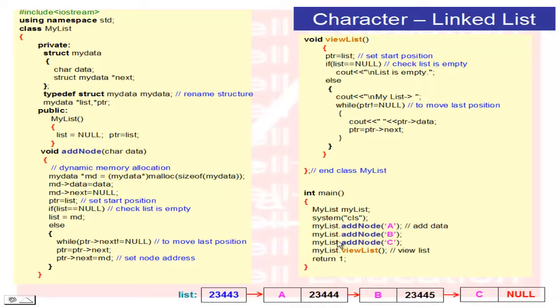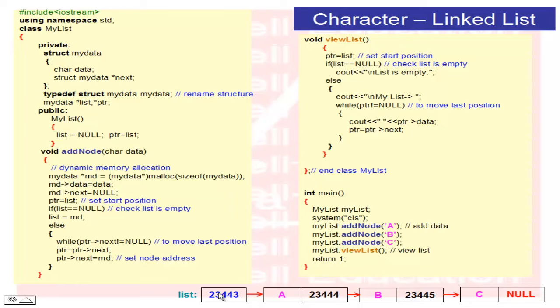Again mylist.addNode passing b, and mylist.addNode passing c, as characters. Now to check the input and how the linked list looks, I have called mylist.viewList. Then return one, the function finishes, so the output is like this.